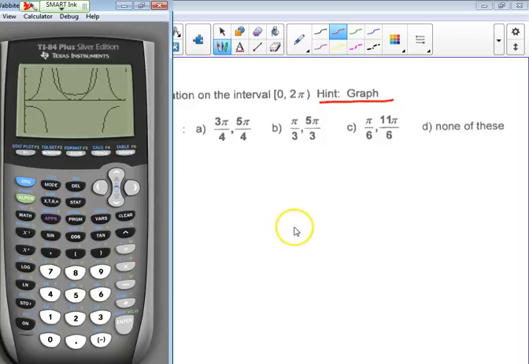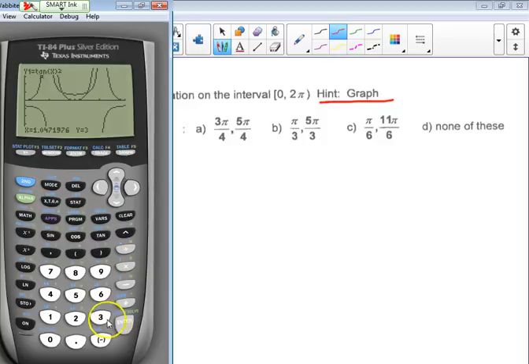All right, it's multiple choice, and they want exact answers, so let's just try some of the choices. If I just do trace pi over 3, maybe? If I do trace pi divided by 3, does that go to an intersection point?